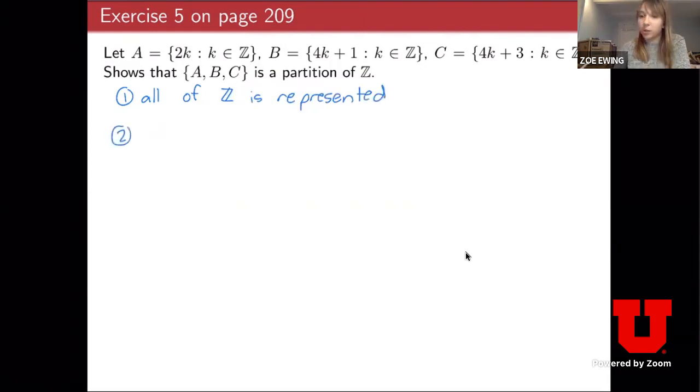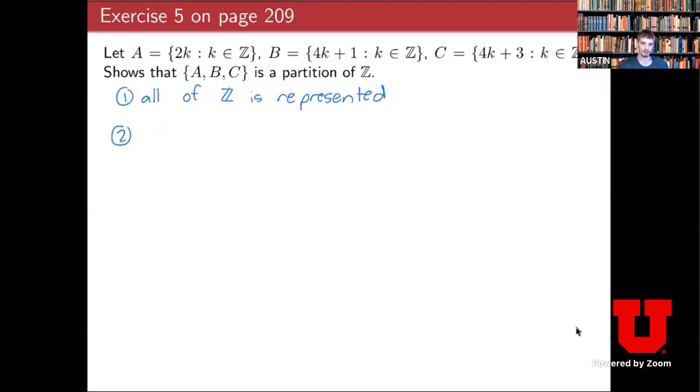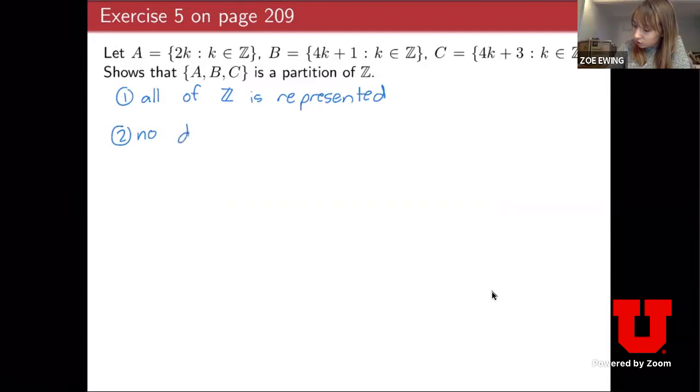Okay, what's another property? And you can put it in the chat as well. No duplicates. Or another word for that is overlap.